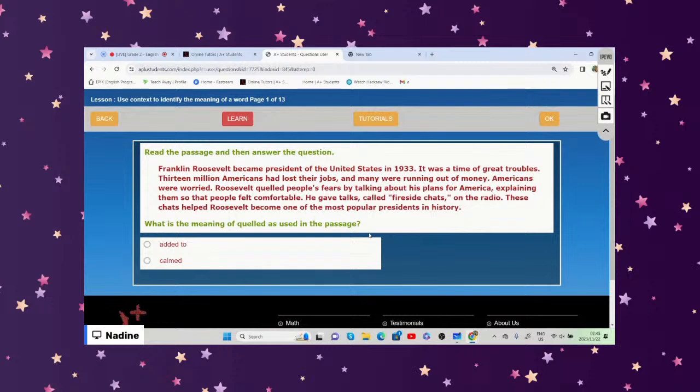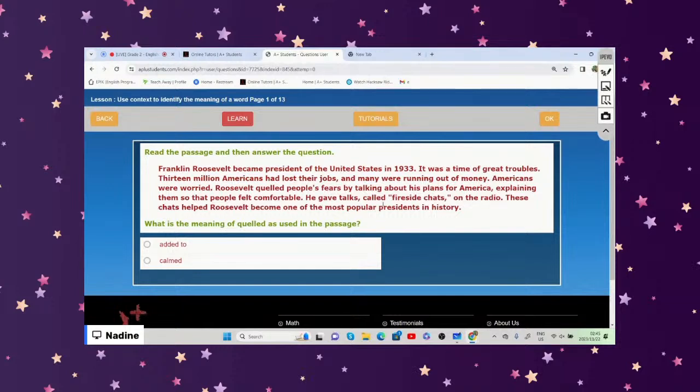Cooled. It says Roosevelt cooled people's fears by talking about his plans for America. So, did he add to their fears or did he calm people's fears? What is another word for cooled?